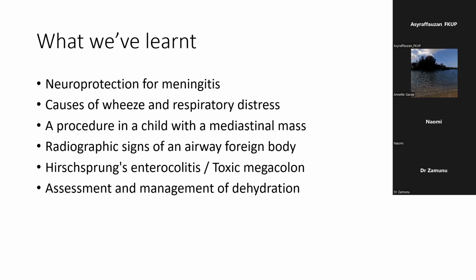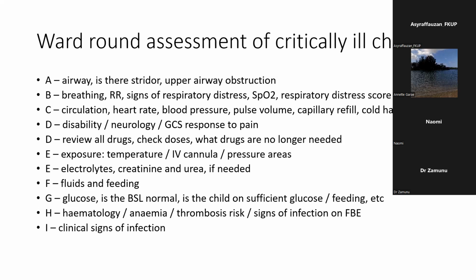We talked about the X-ray changes of an inhaled foreign body, and we've talked about Hirschsprung's enterocolitis or toxic megacolon, and how to assess and manage dehydration. So these are all basic things: neurological, respiratory, gastrointestinal things that we can do in cases that we see.